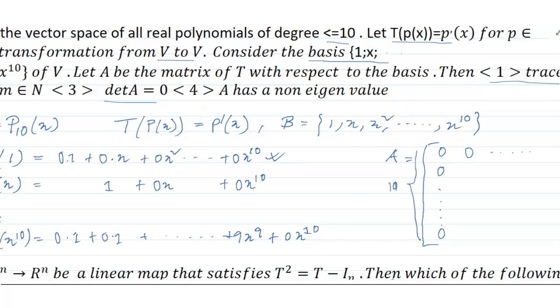Then the value is 0. Then the value is 2 up to 0. It is 0 0. It is 3 up to 0.